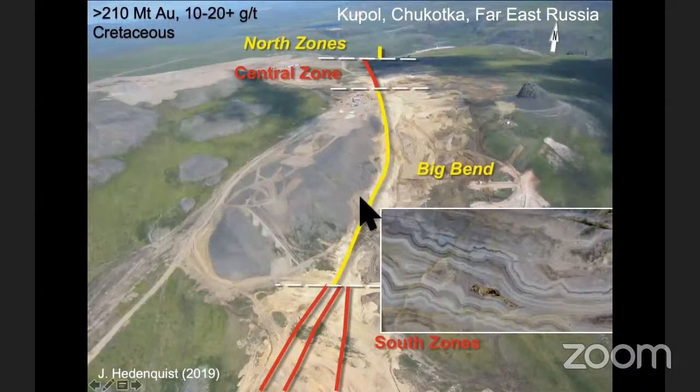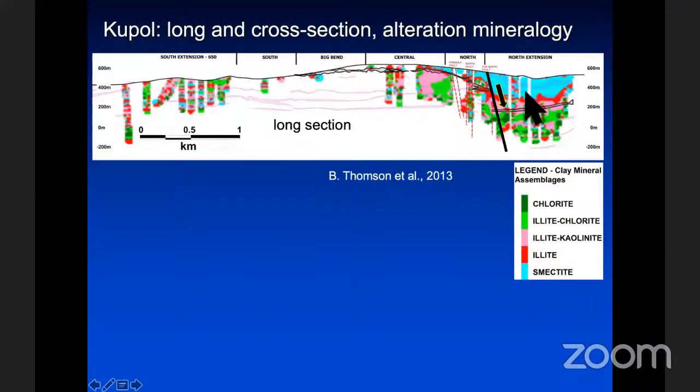And this is also from Jeff, is a structure, a vein in Siberia, Kupol, a low sulfidation vein with typical low sulfidation textures. It's a long vein. I'm going to look at the long section here and the alteration minerals.